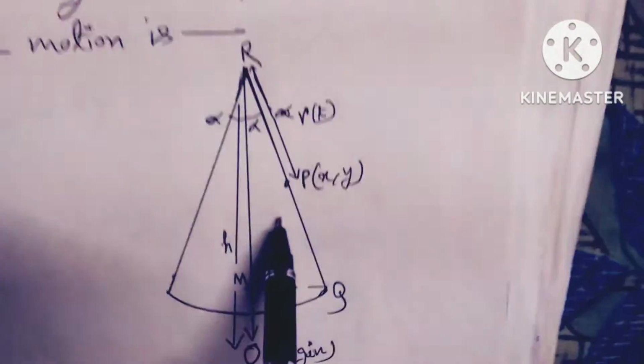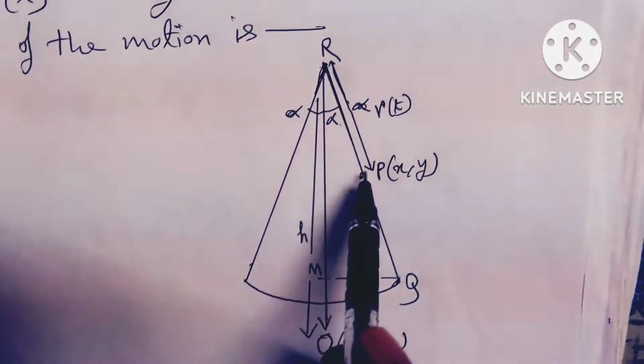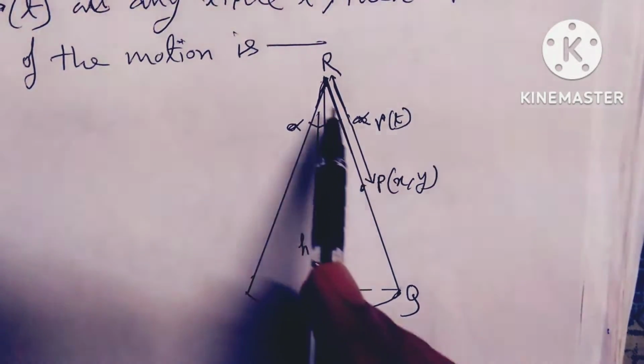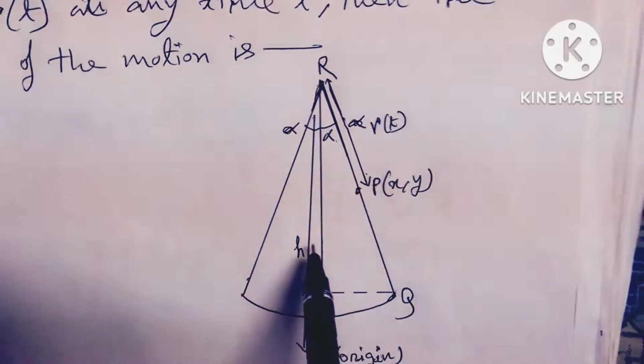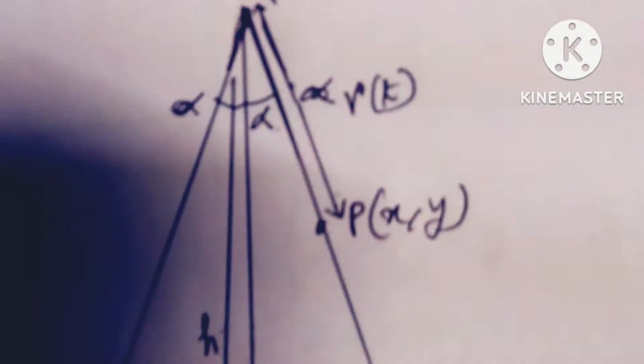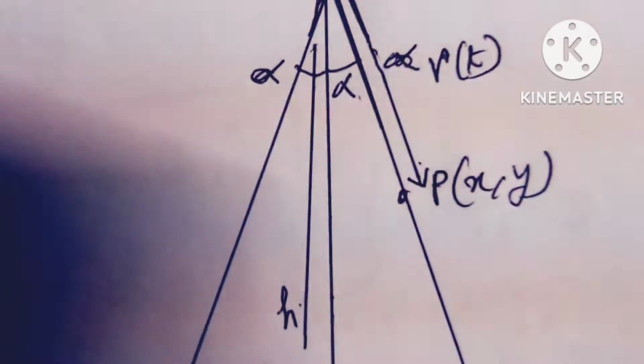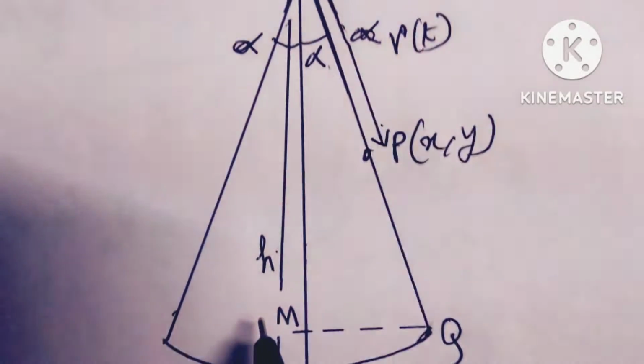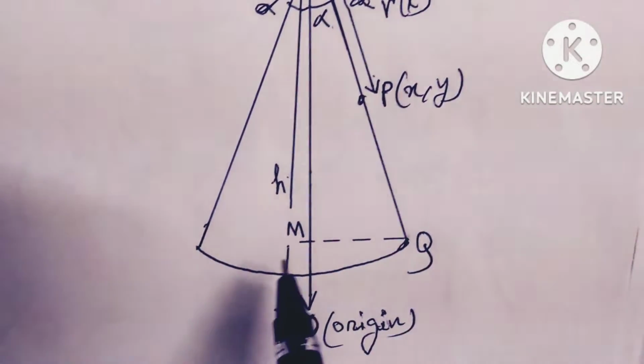So friends, you see that this is my angle, this is the point P, this is my distance r(t), and this is my height h. Here the motion is omega.